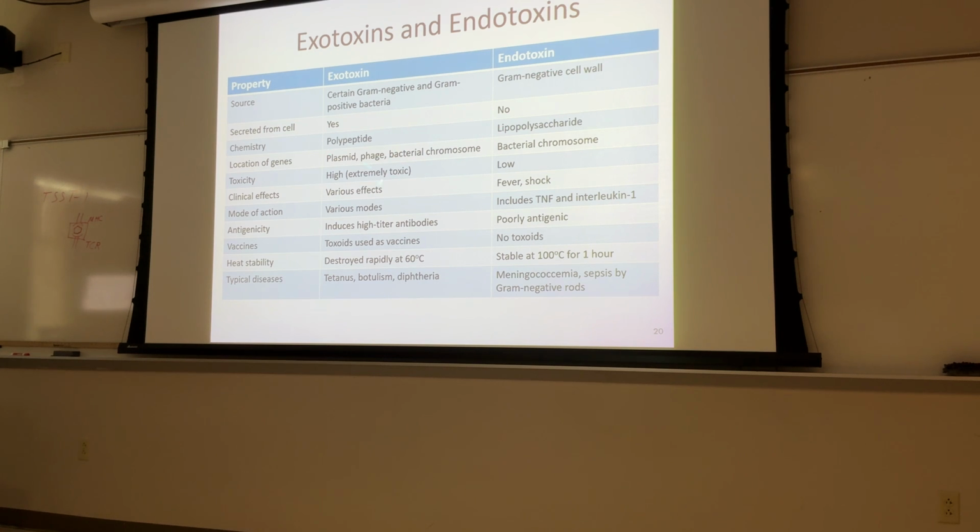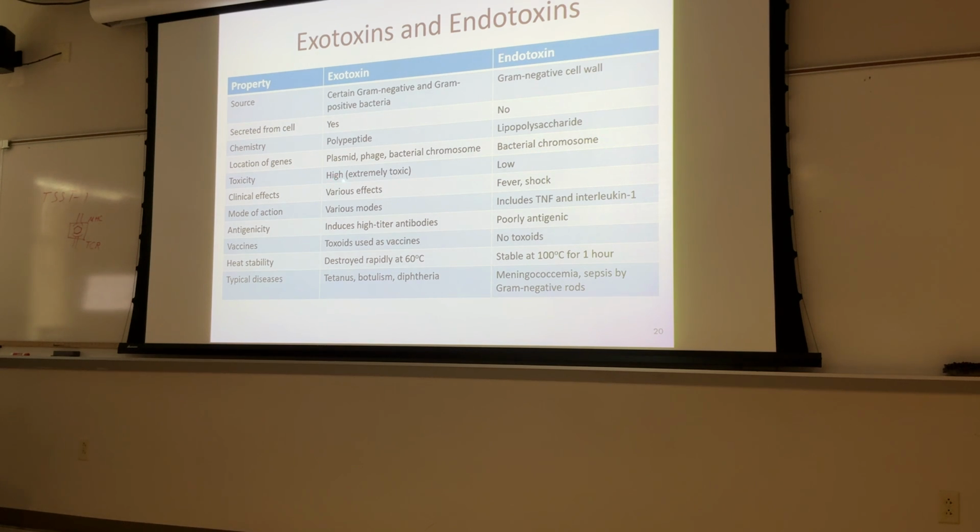The exotoxin can be on a plasmid, it can be on a phage, it can be on the bacterial chromosome. One of the main things to remember with the exotoxin is that it's probably phage converted bacterial strains into having that toxin. Endotoxin is a critical component of the actual structure of the gram-negative cell. It's always going to be on the chromosome.